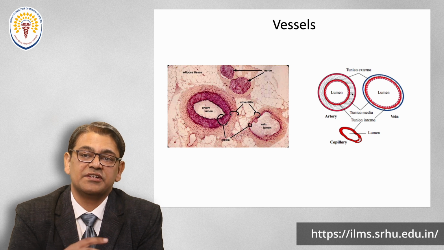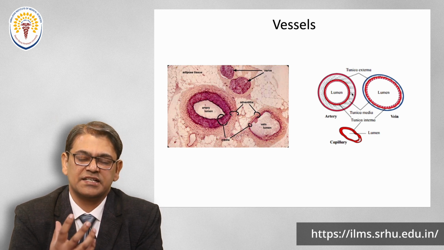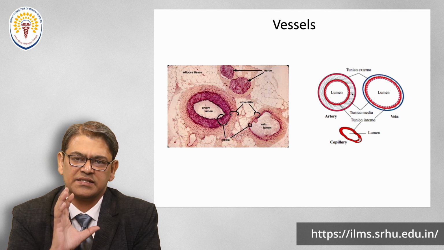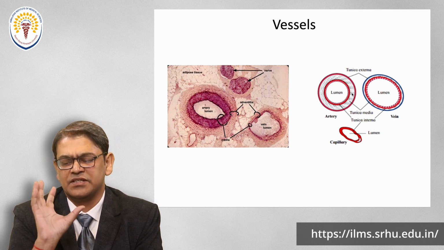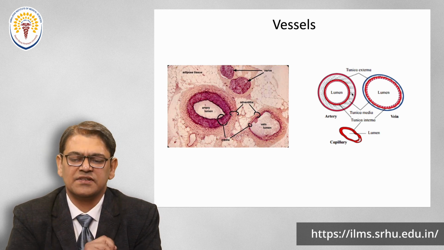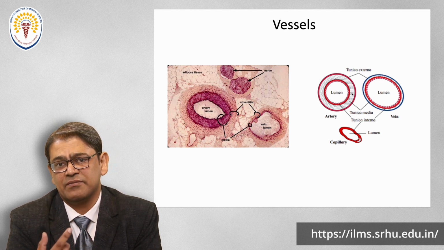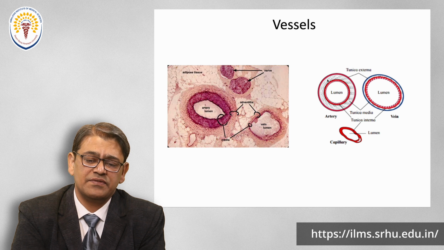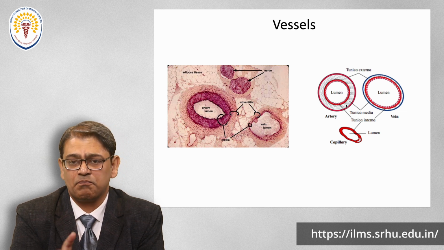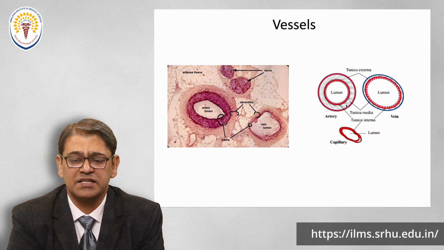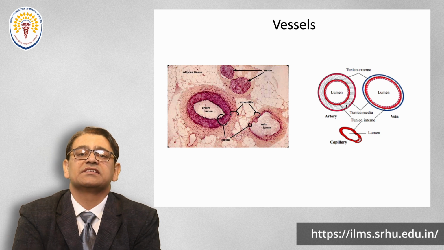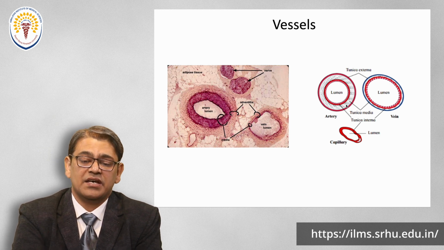So here we require more pressure-bearing structures to bear the greater pressure of the blood. So we need more recoil as well, and to achieve that recoil, we need more elastic fibers. If we see this whole connective tissue plus elastic fibers are more numerous, then the structure is named an elastic artery.